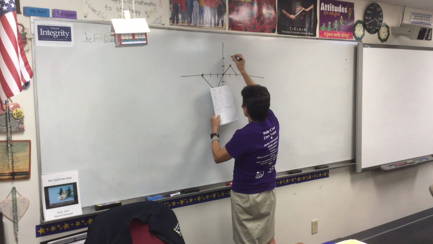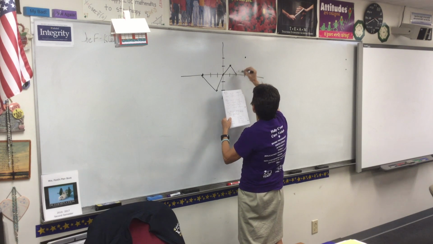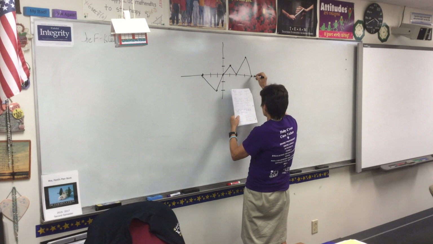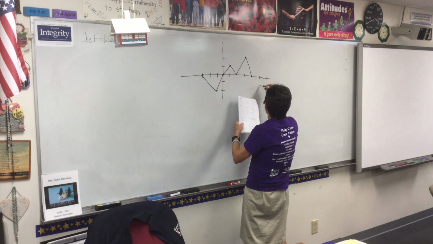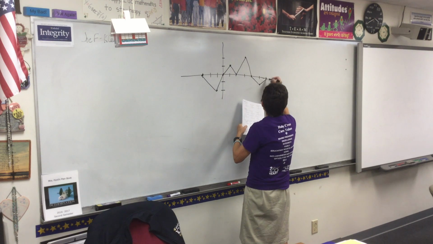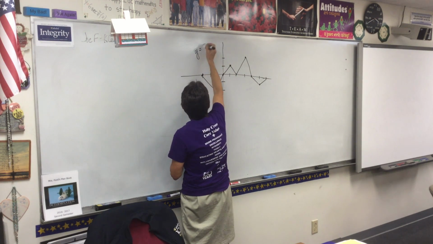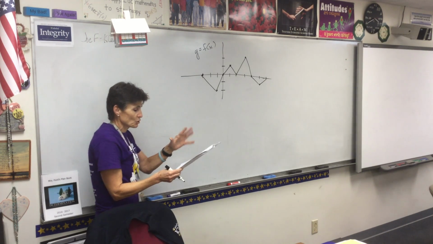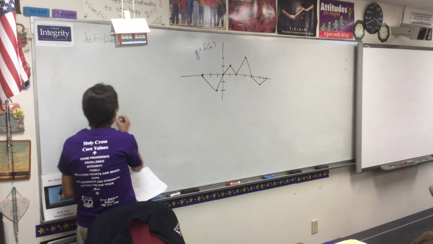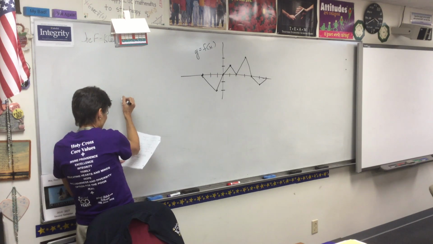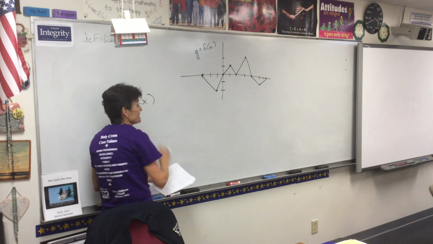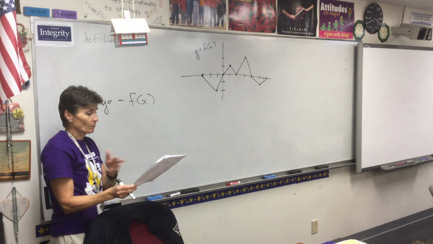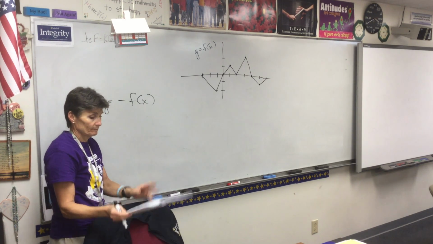You don't have to rewrite this. You have it on your paper there, so you're good. You don't have to draw this unless you want to. All right, so here is what we call f of x. So this is our base function that we are going to start with. And then we are going to do all of these things. There's a whole bunch of stuff going on there, so we're going to do all of them.